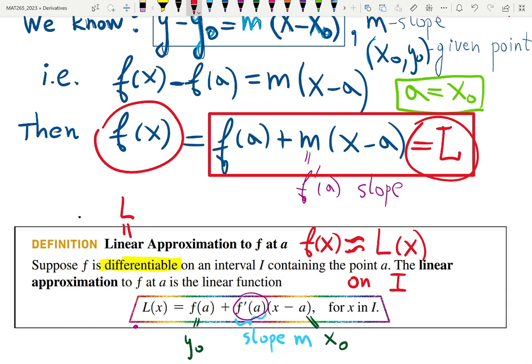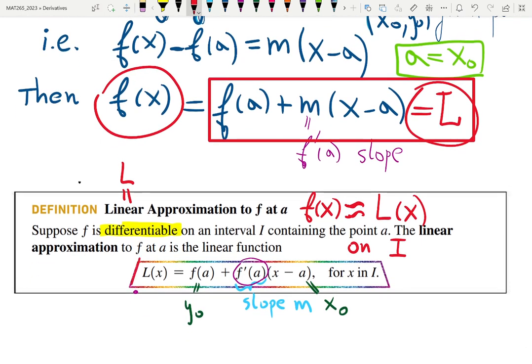L is this whole box here. So it's an approximation, but L tries to get close to f of x. So let's just keep it this way. f of x is approximated by L, like so.